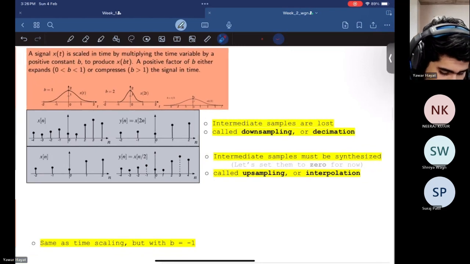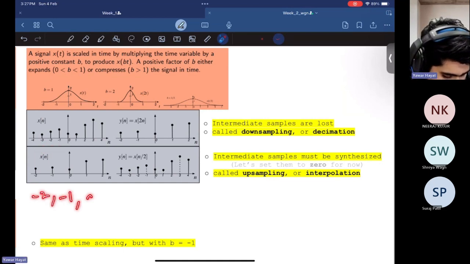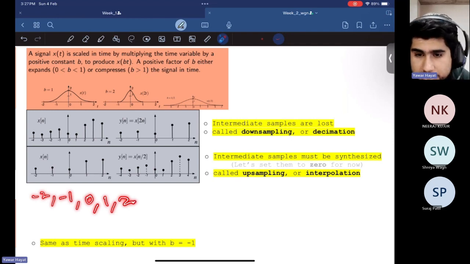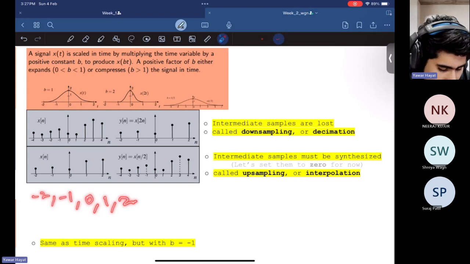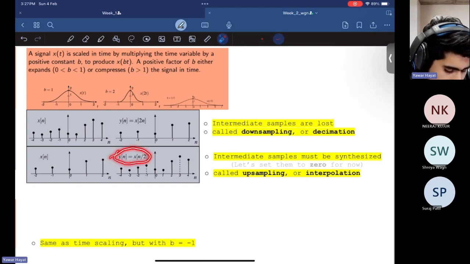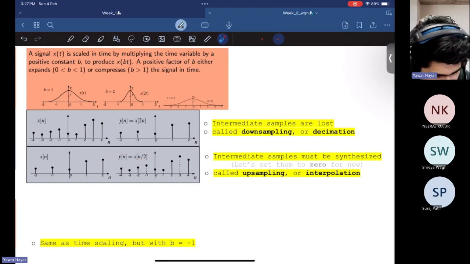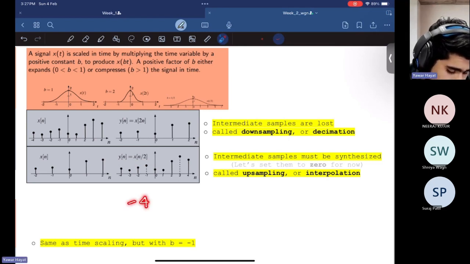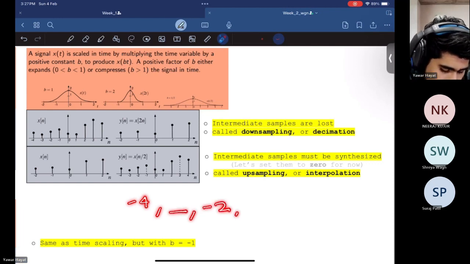So the intermediate samples must be synthesized. For example, earlier the sequence existed for -2, -1, 0, 1, 2, and we had some value of x of n corresponding to these samples. However, in the sequence x of n divided by 2, we have values corresponding to -4, I would leave this blank, -2.